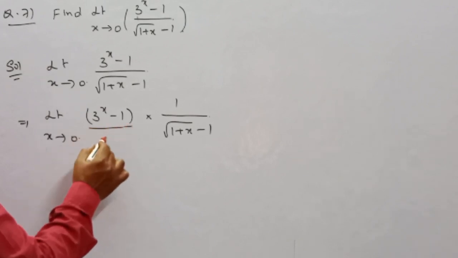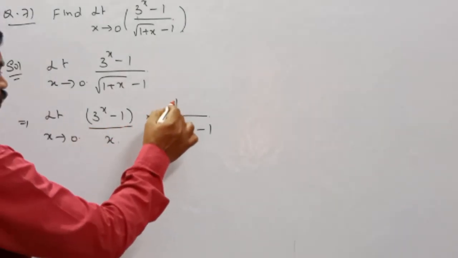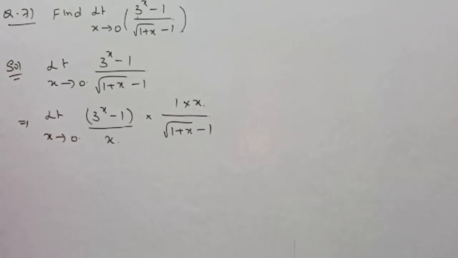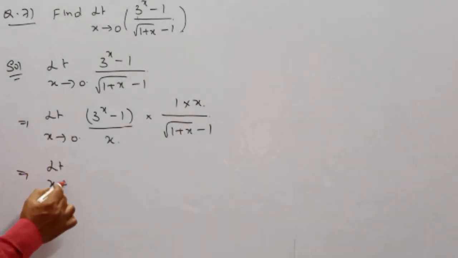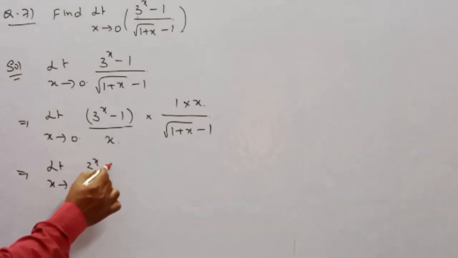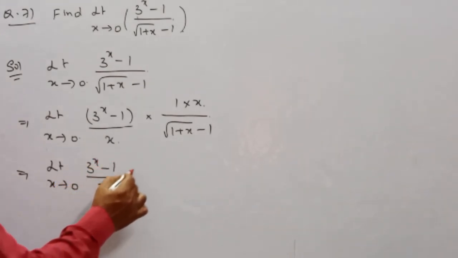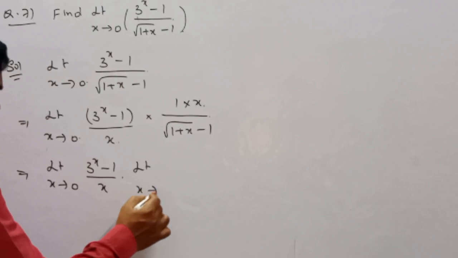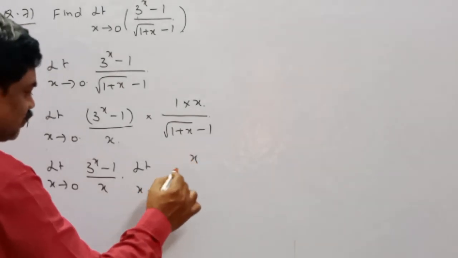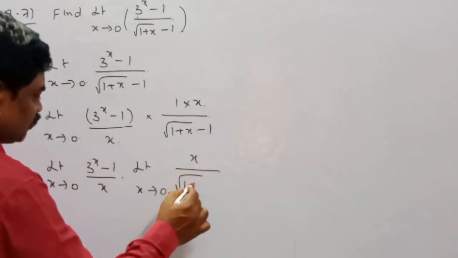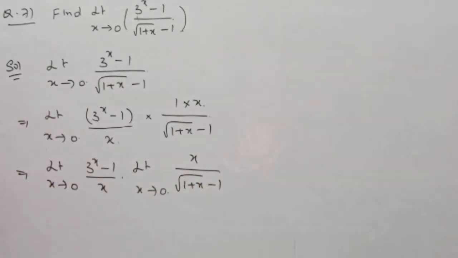You can divide with x and multiply with x. Then this implies limit x tends to 0, 3 power x minus 1 by x into limit x tends to 0, x by root over 1 plus x minus 1.